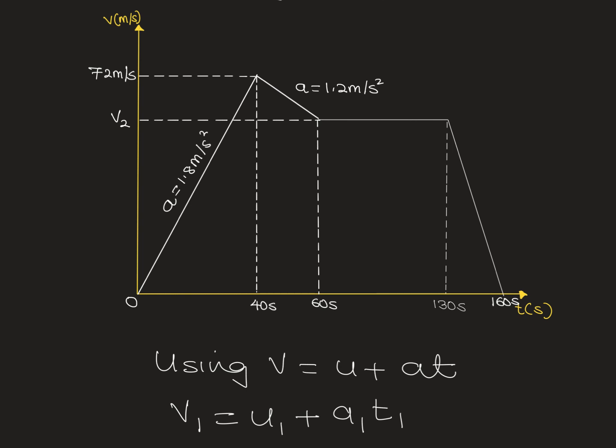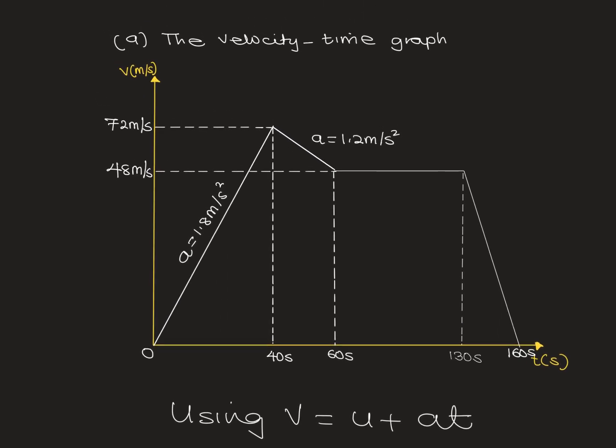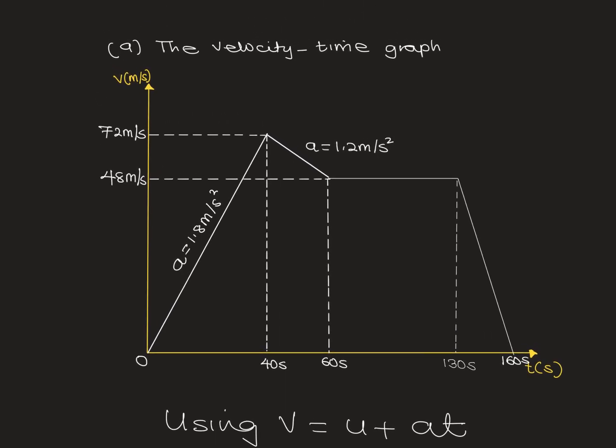So we can indicate that on our velocity time graph. Okay, so V2 is 48 meters per second. So that is the complete velocity time graph. You have to indicate the velocities and the times that we have.